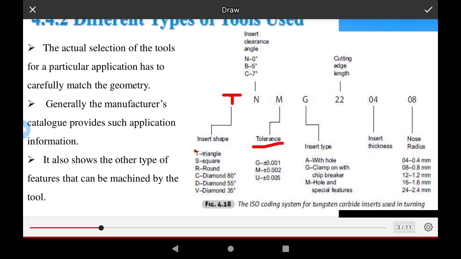suppose the I and G is also in command provided to the insert type of the G. Okay. G is also the command provided to the insert type of command and widths of hole, and the widths are provided to the widths of hole and given for the command value of the A and clamp on with chip breaker and given chip, and suppose that I need for the chip breaker.